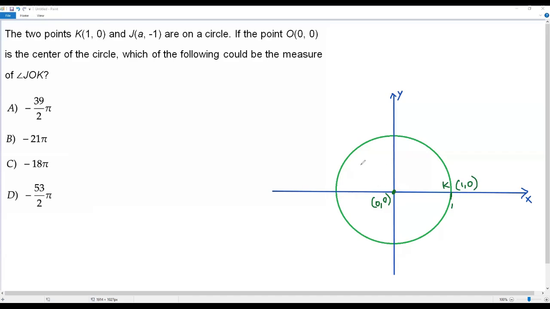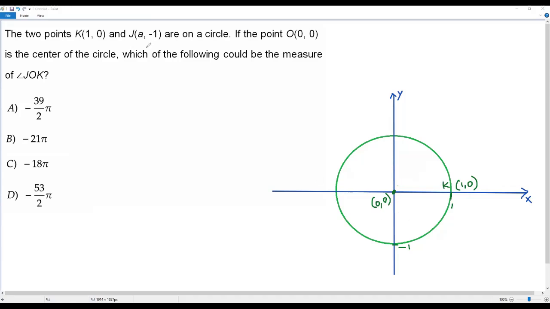Okay, now I just identify the location of the point J of (a, -1). So the y-coordinate is negative 1. Let me mark the y-coordinate over here as negative 1. And we can notice one more important thing. Using this point (1, 0) and the center, clearly the radius of the circle is just 1 unit.